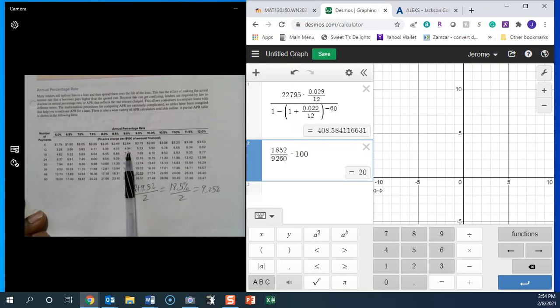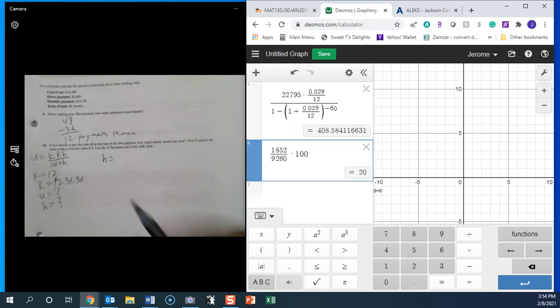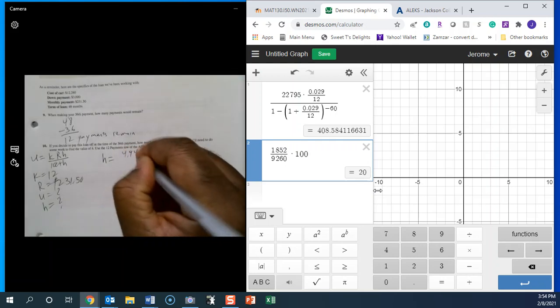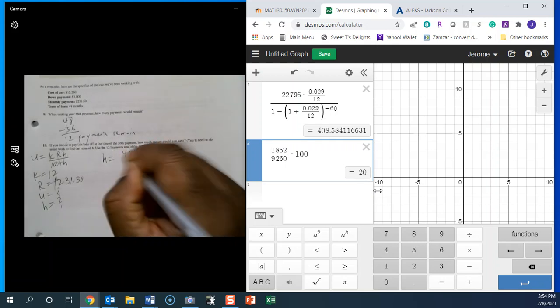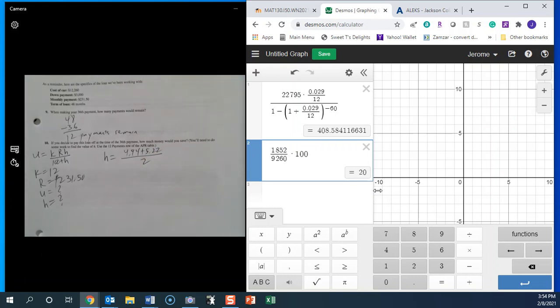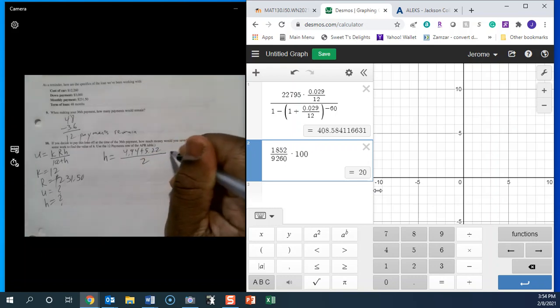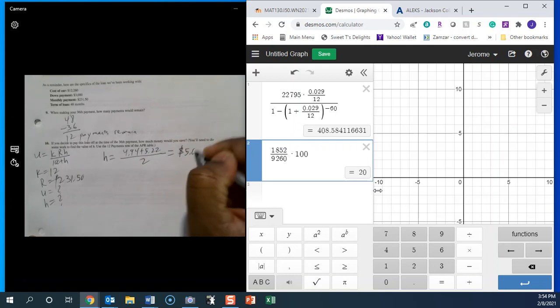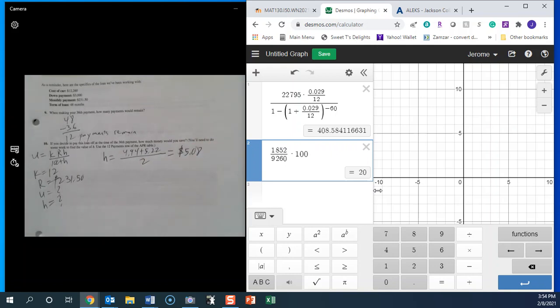So we would take this $4.94 and $5.22 and divide them by 2. When we do this, that would give us $5.08. That should be your H value, which is the finance charge for every $100.